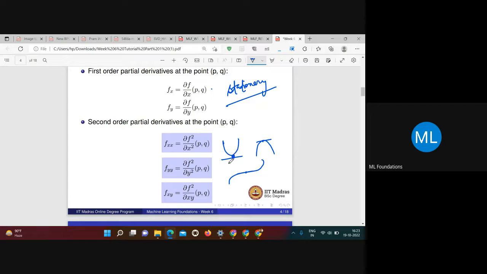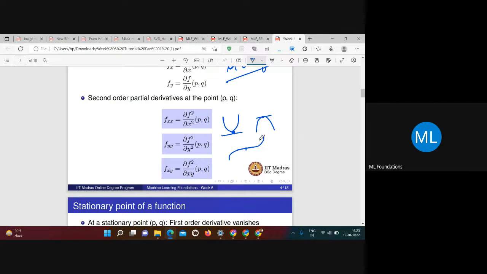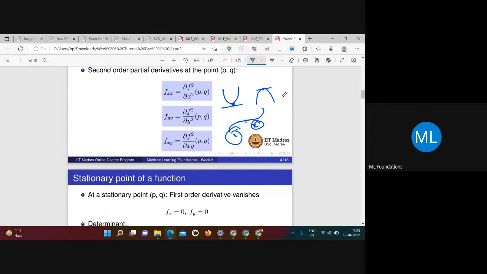But for this point the minima is there, for this point the maxima is there, and for this point we can't say whether it's a maxima or minima, because for positive x it goes upward and for negative x it goes downward. On one side it behaves like a maxima and on the other like a minima, so you can't say anything about this function.